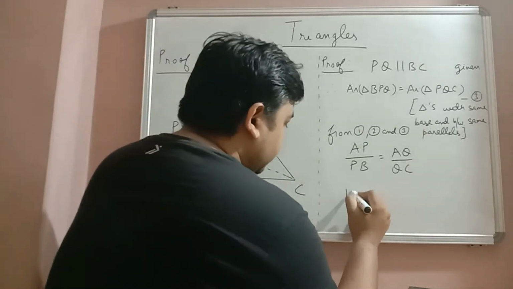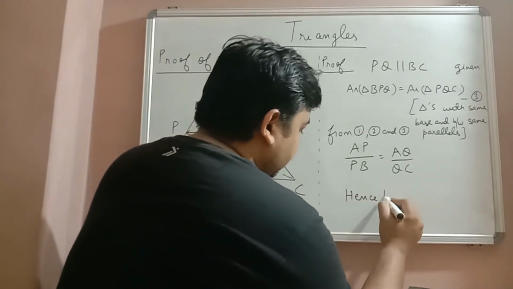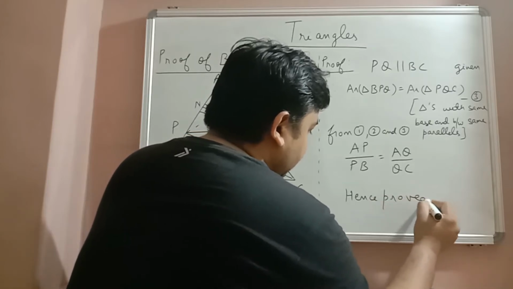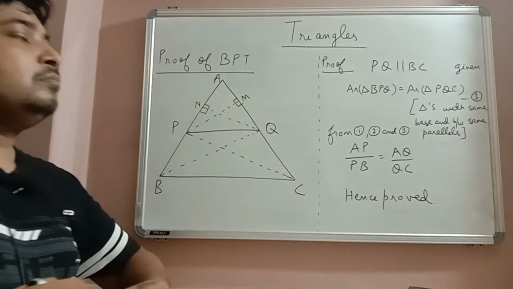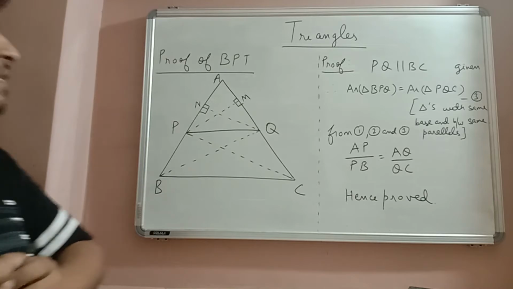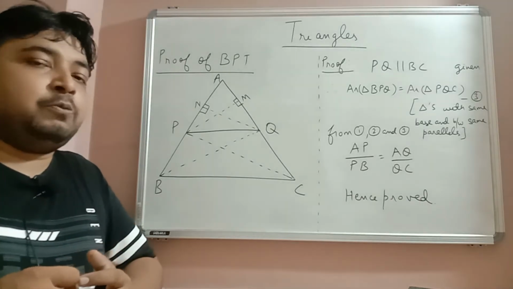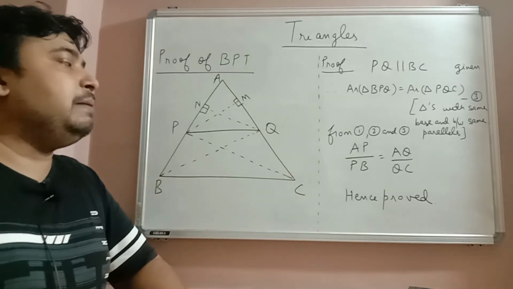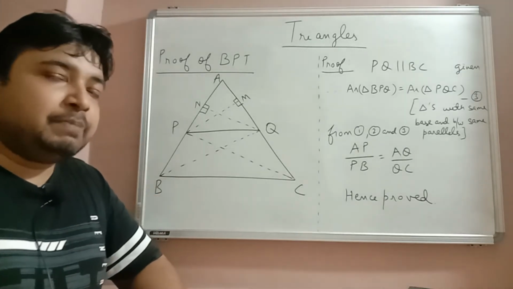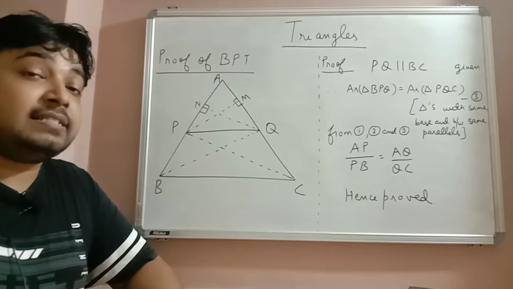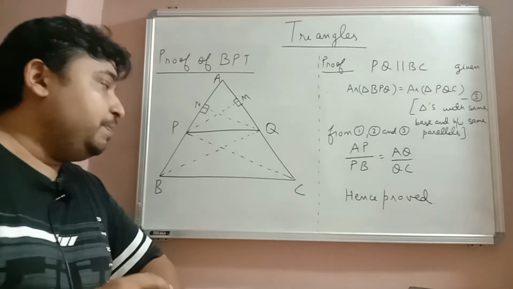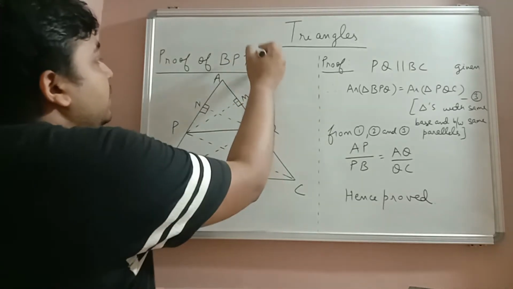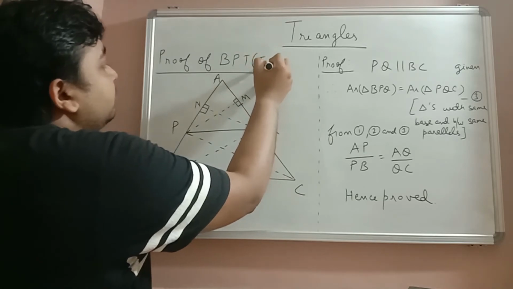Hence proved. So this is how we can prove the basic proportionality theorem. Now one more thing which we need to remember is that basic proportionality theorem is also known as Thales theorem. So please remember that.